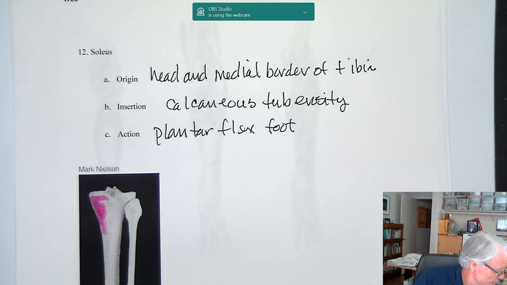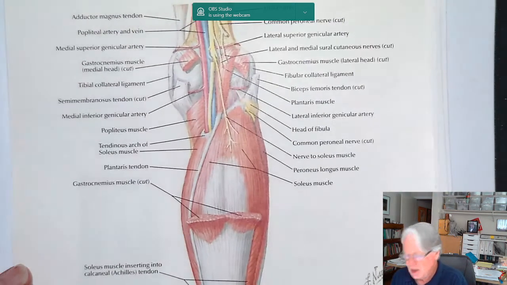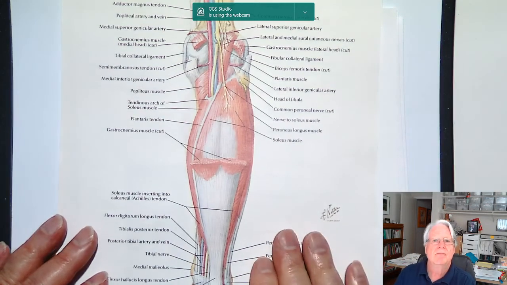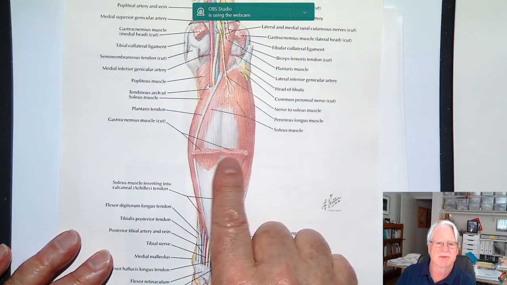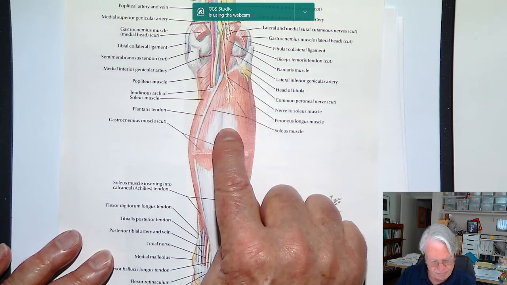What else can we say about this? Let's take a look at the muscle. So here is the gastrocnemius muscle cut away, and underneath it is the soleus muscle.